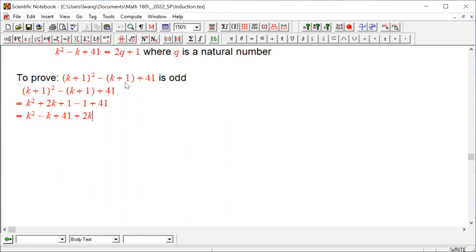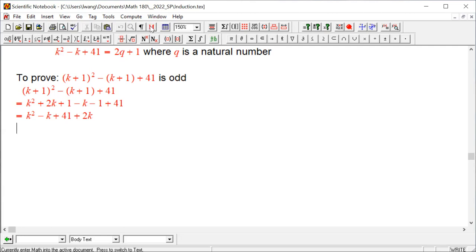Sorry, this is minus k minus 1. We want to make sure we keep the equal sign. So k squared goes here, minus k goes here, plus 41. So we have 2k, plus 1 minus 1 makes 0. Now we're good.